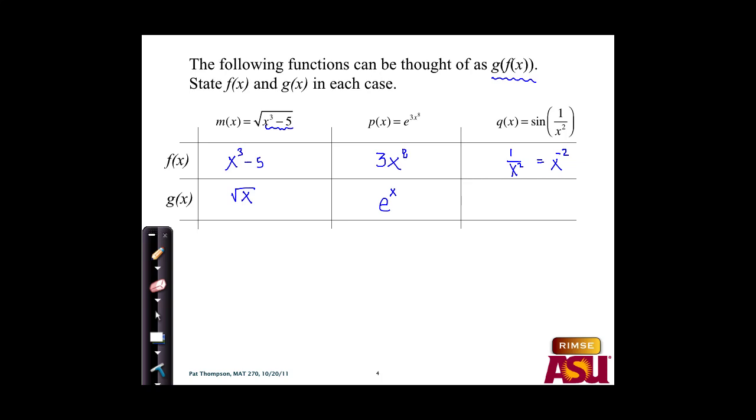So sine of something, sine of x can be g of x, so that sine of x to the negative 2 is sine of f of x, or g of f of x. So questions on this decomposition of functions? It's kind of pulling these apart to analyze what is put together to make these.